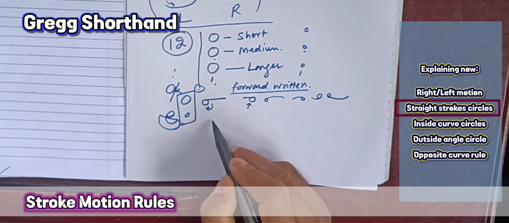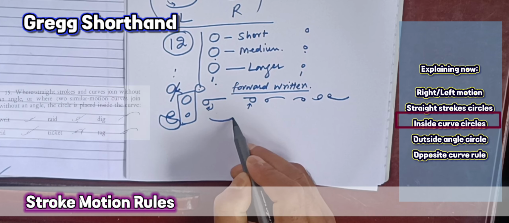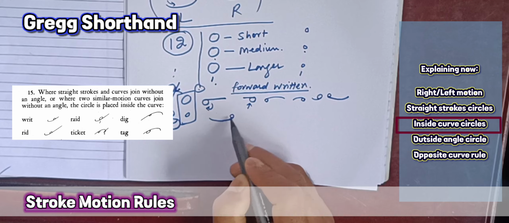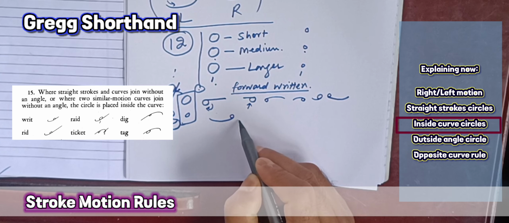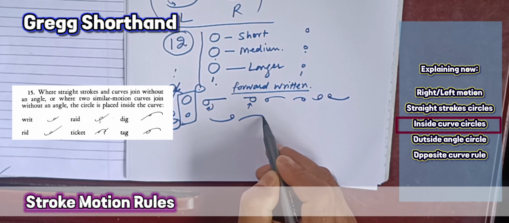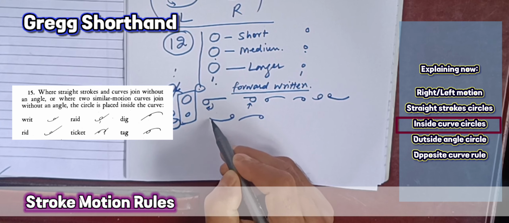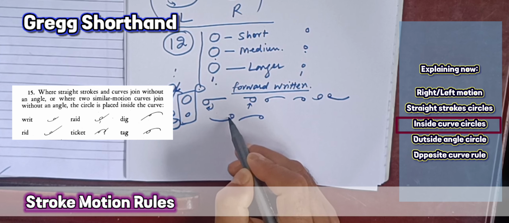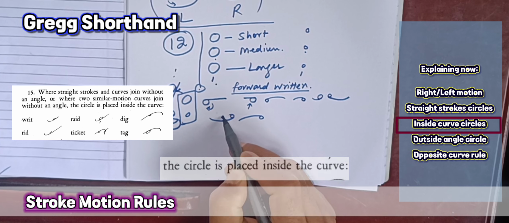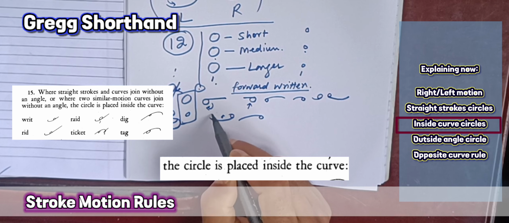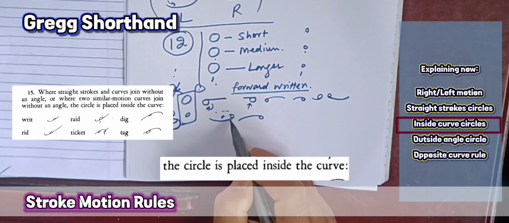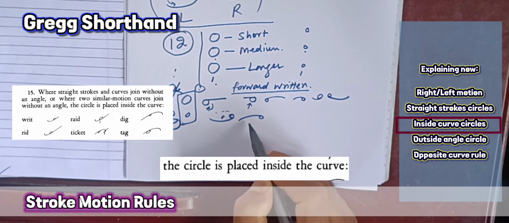Now you will feel a difference here. If this is L and this is E, and in the same way we have G and E. What did we do? If this is an elliptical figure, we added the circle inside the curve. Here we added it inside the curve, right?